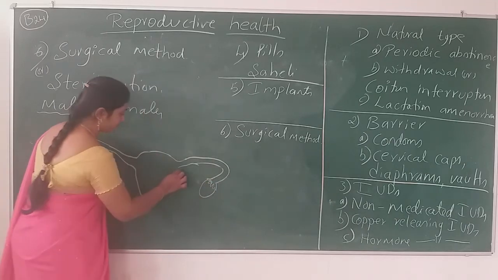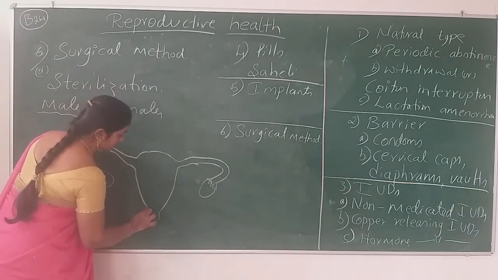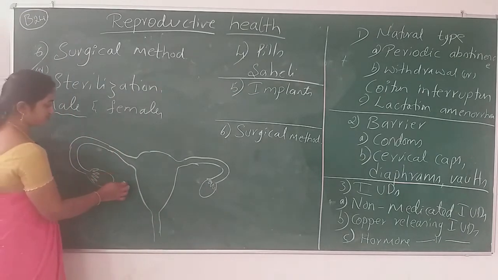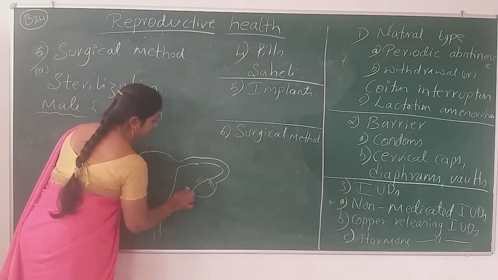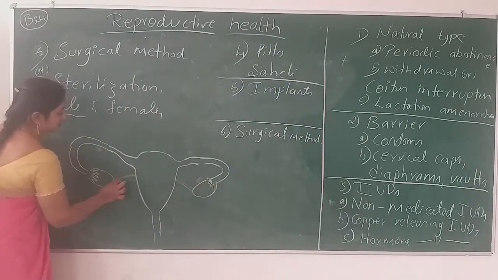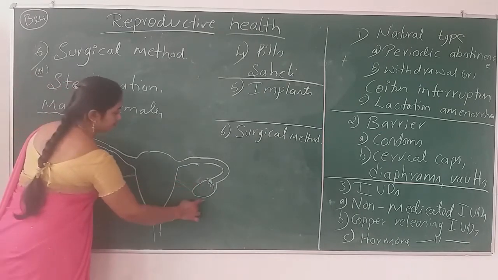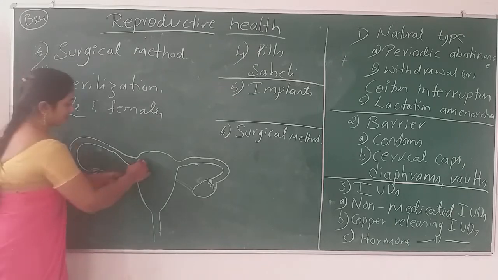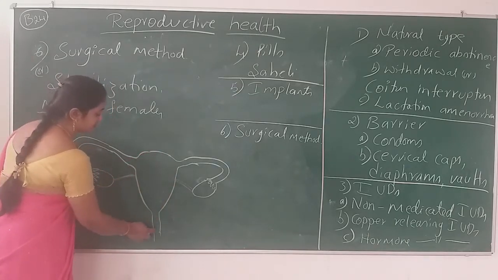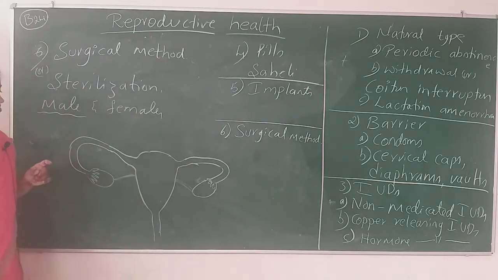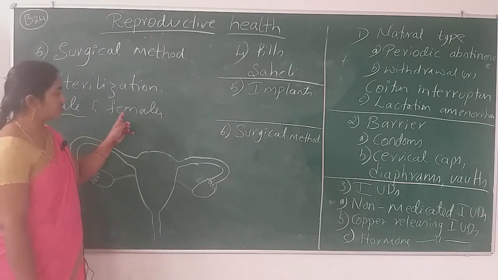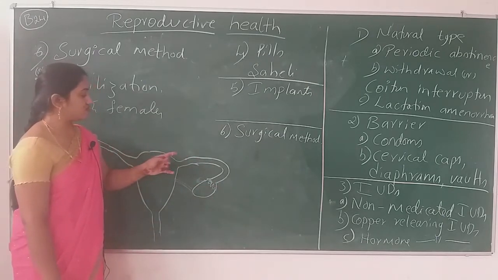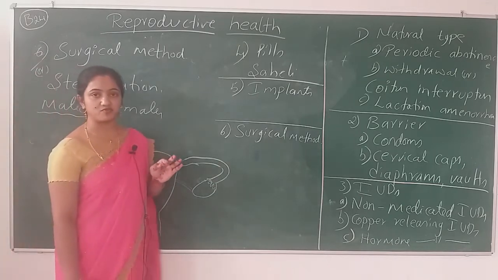We have a female reproductive system on the board, and here we have a pair of ovaries, fallopian tube, fimbriae, uterus, cervix and vagina.